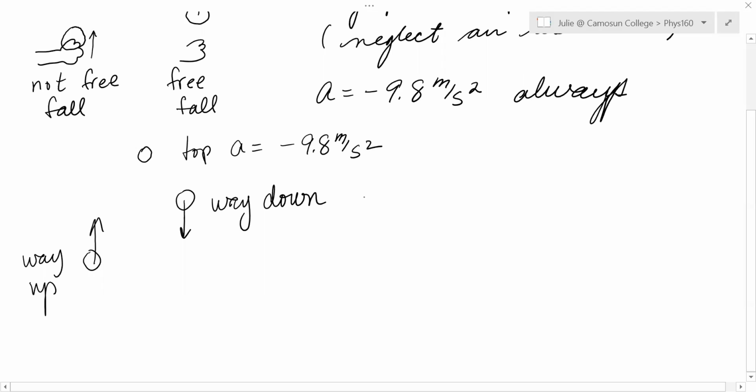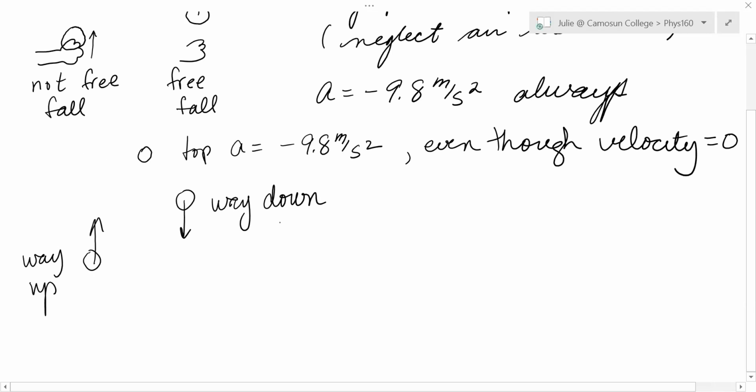Okay, so now the velocity is 0 up here. So at the top of something's flight, the velocity is 0, but the acceleration is still negative 9.8. And on the way up, negative 9.8.